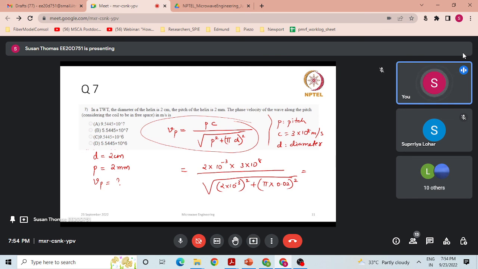Could you find which is the option from here? Hope you can find it by yourself.